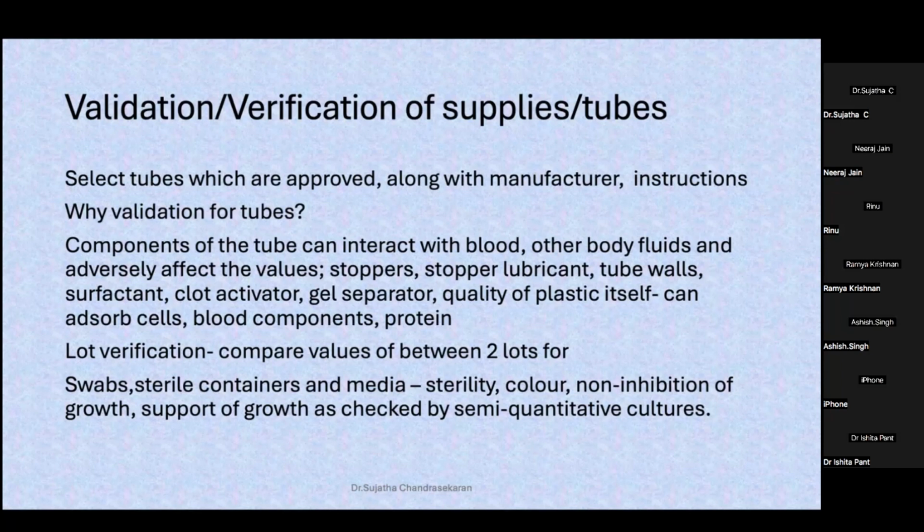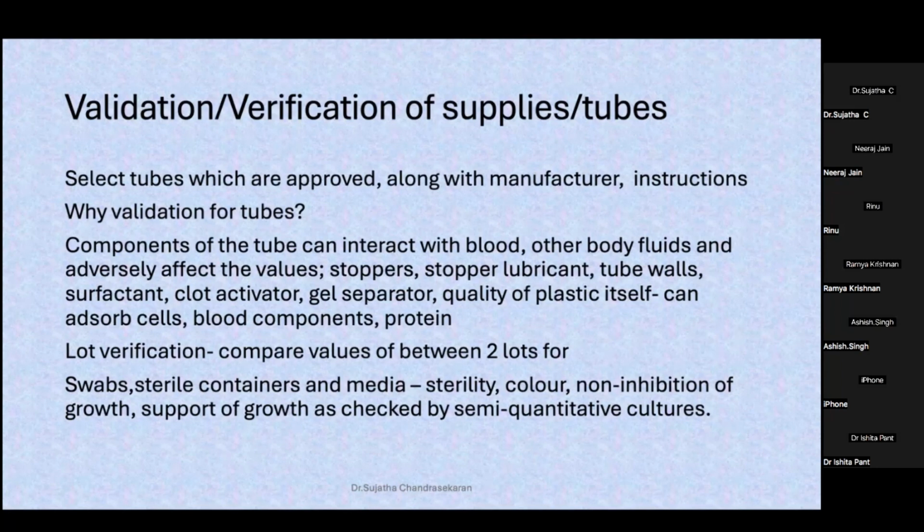The swabs, the sterile containers, and the media that are used. Sometimes, the transport media are inoculated at the sample collection and then transported. Sometimes even the plates are inoculated, like in ophthalmology, they are inoculated at the time of sample collection and transported to the laboratory.